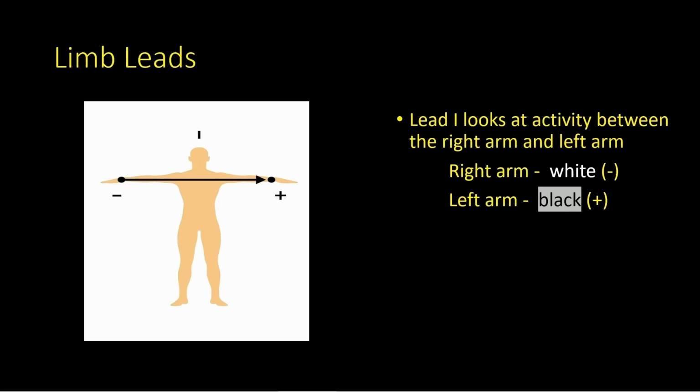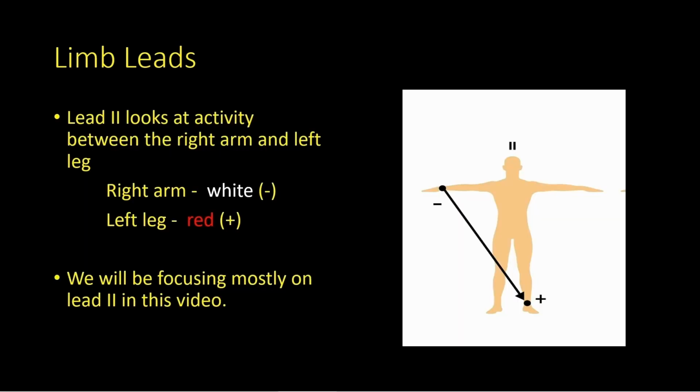When we go into lead 2, we're actually looking between the right arm and the left leg. The right arm on the right is the negative electrode. An impulse traveling downwards, because it's moving toward the positive electrode, will result in a positive deflection on the lead 2 tracing.